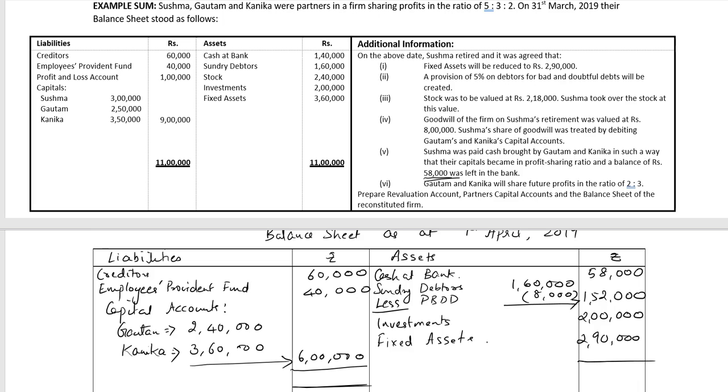Let's check if the balance sheet tallies. Liability side totals to 7 lakh rupees. Asset side also totals to 7 lakh rupees. So this is a balance sheet. I'll remove the split. We can view the entire answer.